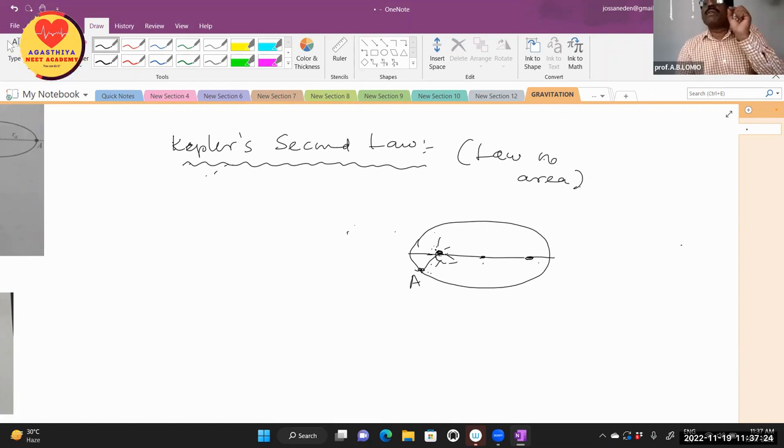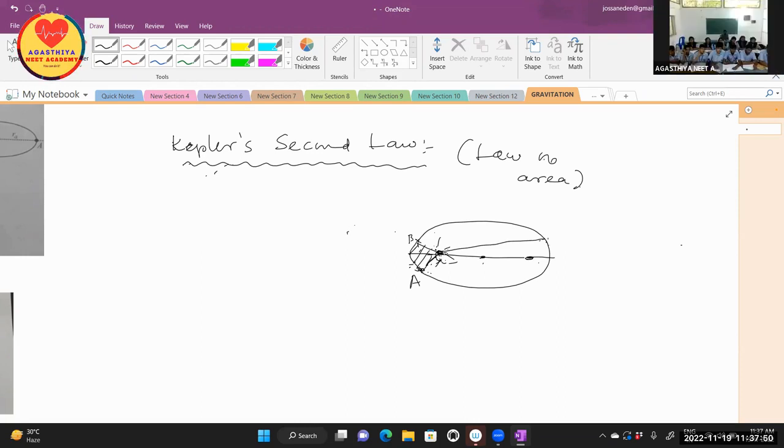The area swept out in a given period of time, let it be T. In a given time T, the area covered by this planet from A to B will be equal to the area swept by the same planet in the same time.